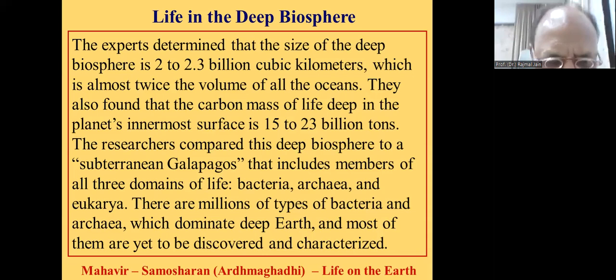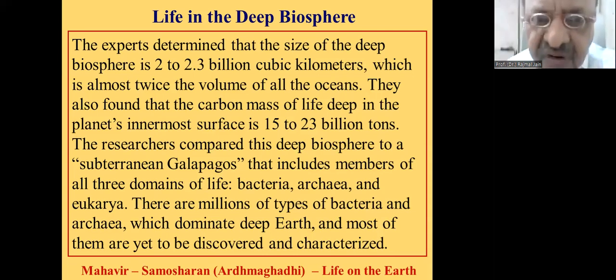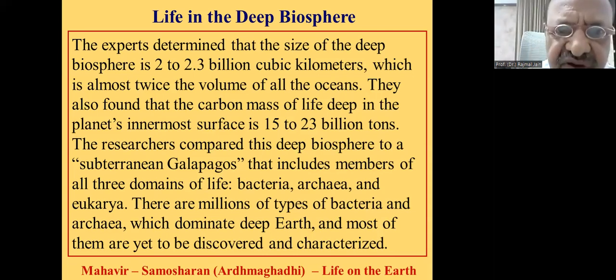So this is what Bhagwan Mahavir, in one of the Samosharan, when he was describing the earth, already told about the various kinds of processes going on in geophysics, geochemistry, and geobiology. He told that, as well as the various kinds of lives.